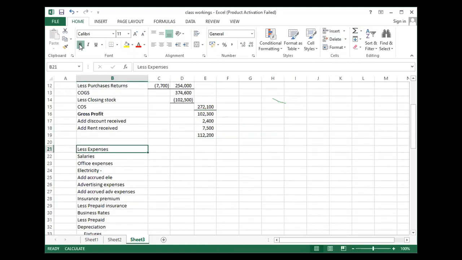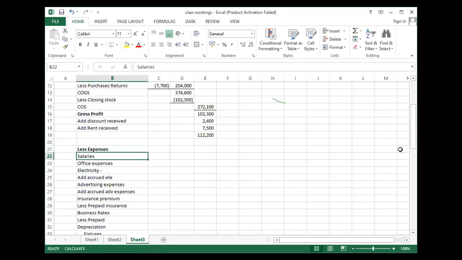Then from there, we proceed. Less expenses, so that we start listing the expenses. If you look at your TB, you will find salaries and wages. What is the amount? It is 45,700.